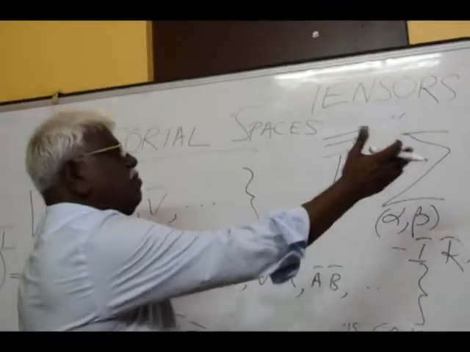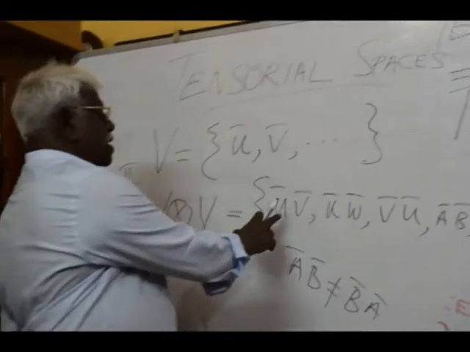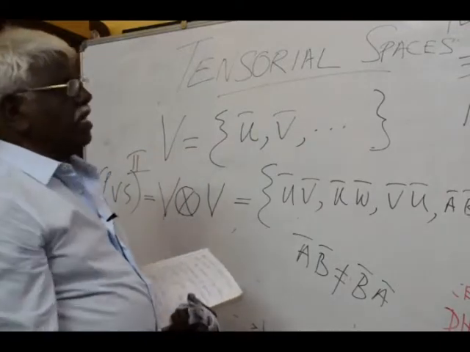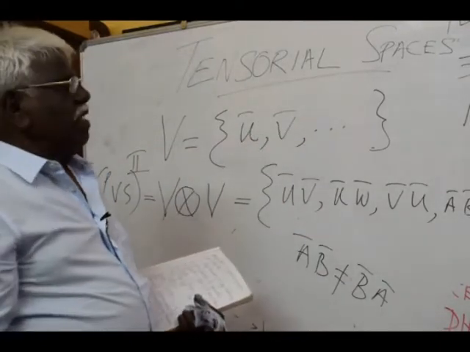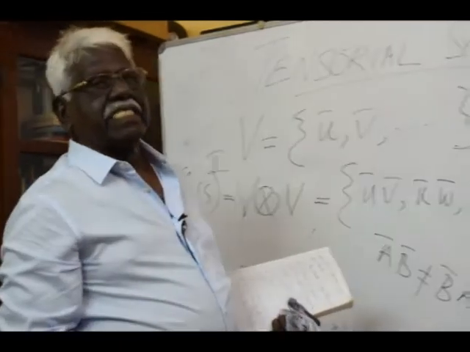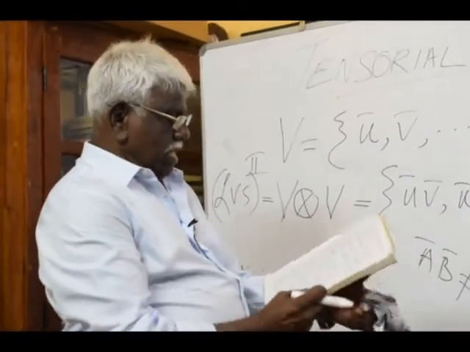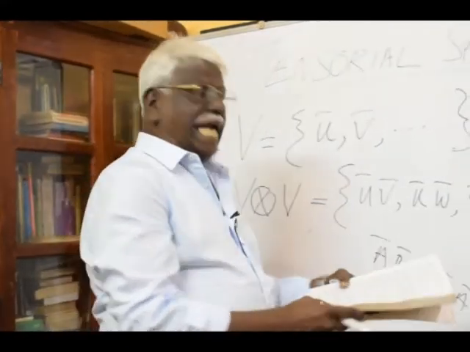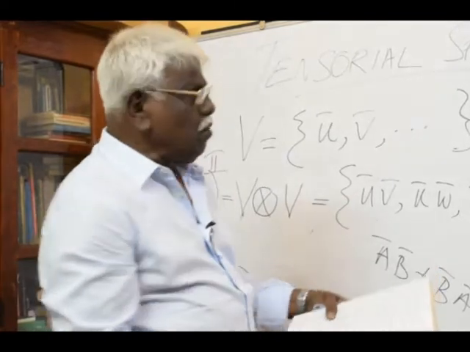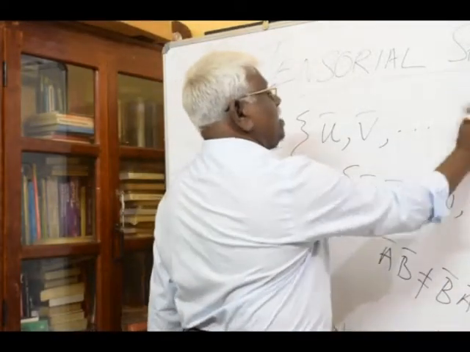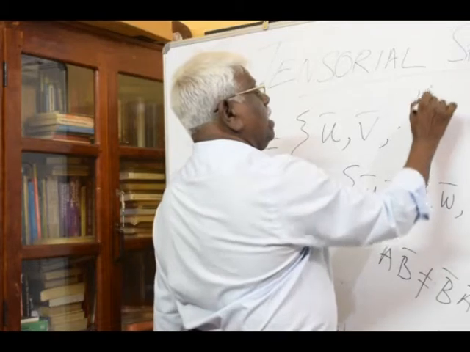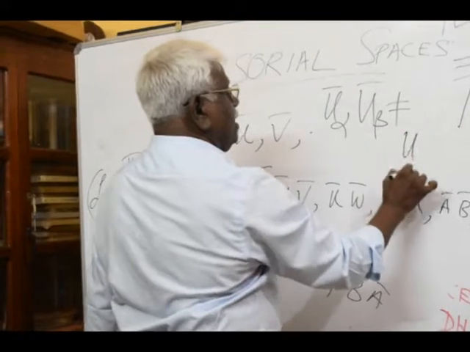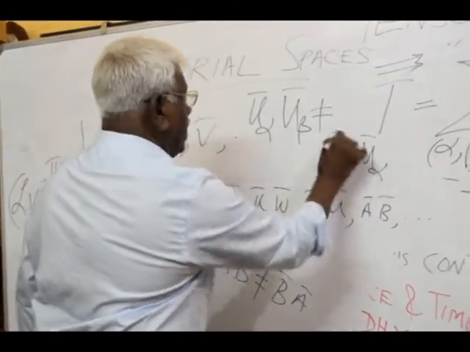So these u alpha u beta could stand for any of these objects belonging to the second rank tensorial space. Lambdas are scalars. This is called a second rank tensor. Here alpha betas are suffixes used to specify the identity of vectors. U alpha u beta need not be equal to u beta u alpha.